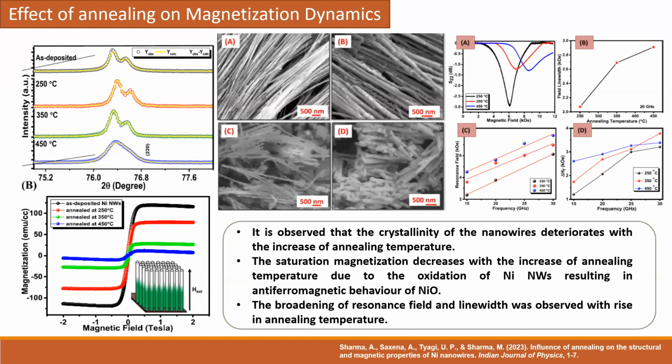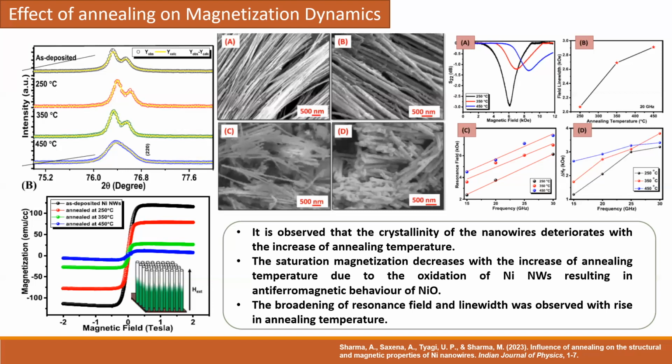And then if we further increase the annealing temperature, the magnetization keeps on decreasing. So this is the clear indication that the magnetic properties change drastically with the change of annealing, and a ferromagnetic material can be converted into a paramagnetic material as well.